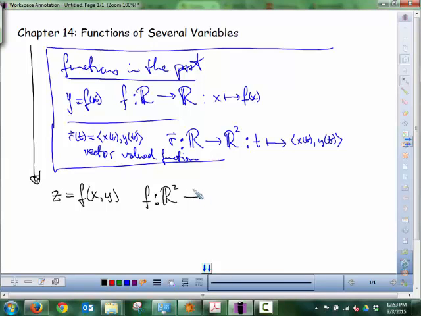And then what's our output? Just R, yeah, scalar, z.